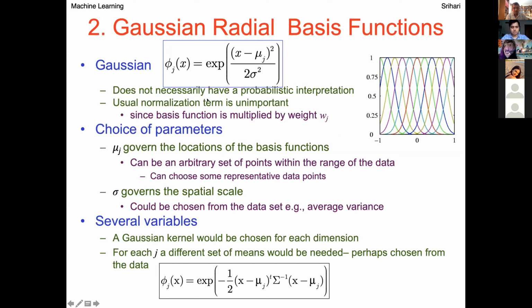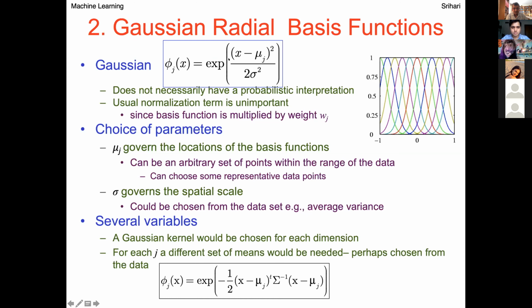It does not necessarily have a probabilistic interpretation. The usual normalization term is unimportant since the basis function is multiplied by w j. The mu j govern the locations of the basis functions and can be an arbitrary set of points within the range of the data, or we can choose some representative data points. Sigma governs the spatial scale and could be chosen from the data set, for example, the average variance over several variables.